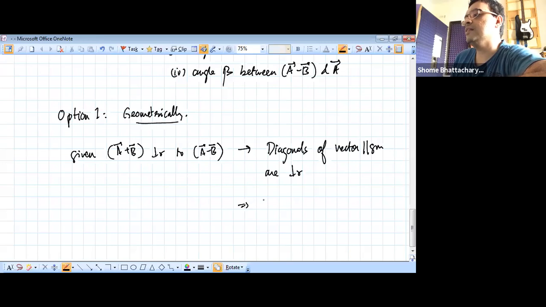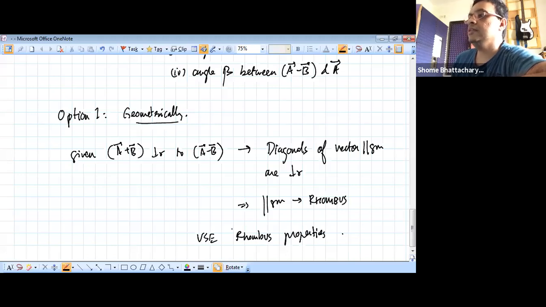So what does that mean? That the parallelogram is a rhombus. So use rhombus properties. That's option one.